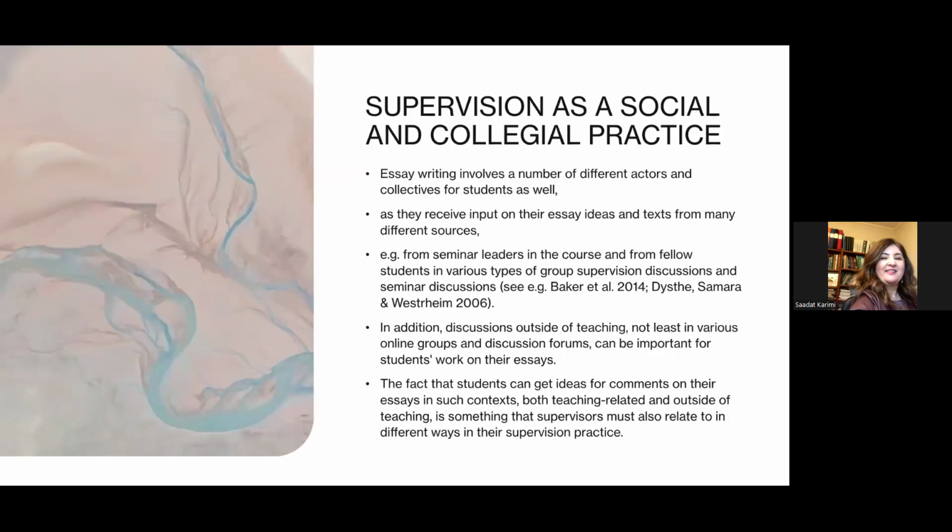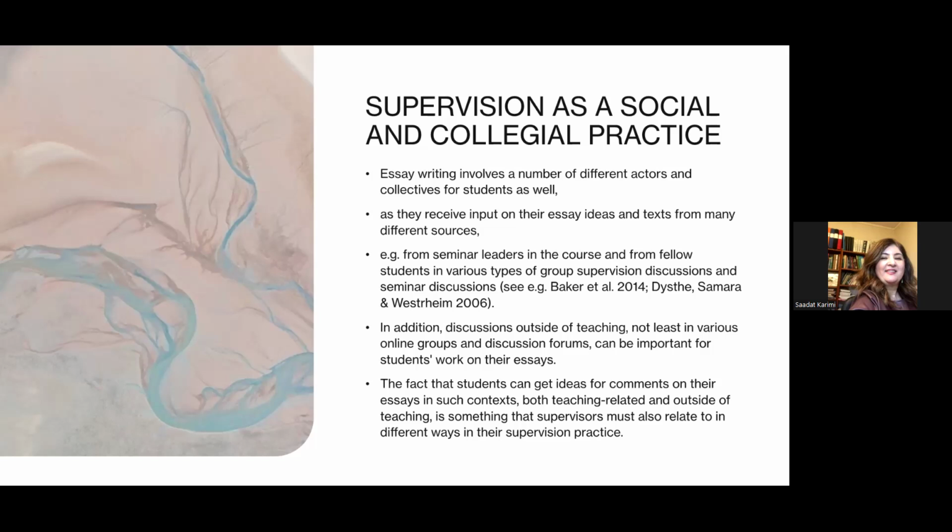As mentioned, essay writing involves a number of different actors and collectives for students as well, as they receive input on their essay ideas and text from many different sources. For example, from seminar leaders in the course and from fellow students in various types of group supervision discussions and seminar discussions. In addition, discussions outside of teaching, not least in various online groups and discussion forums, can be important for students' work on their essays.